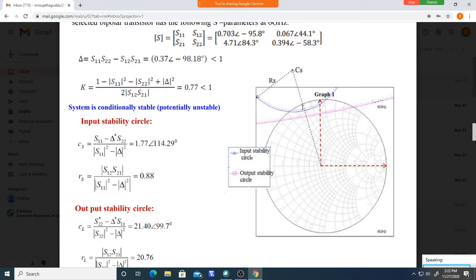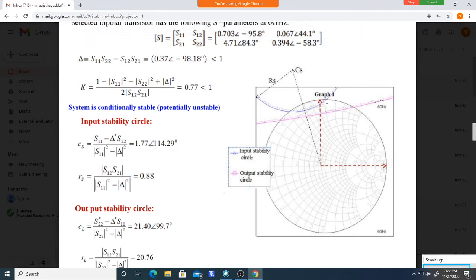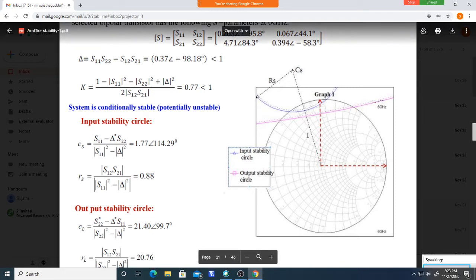We cannot use this, but you can use any value outside this as desired. That we came to know from this circle. But if it is enclosed, then it is a different case.